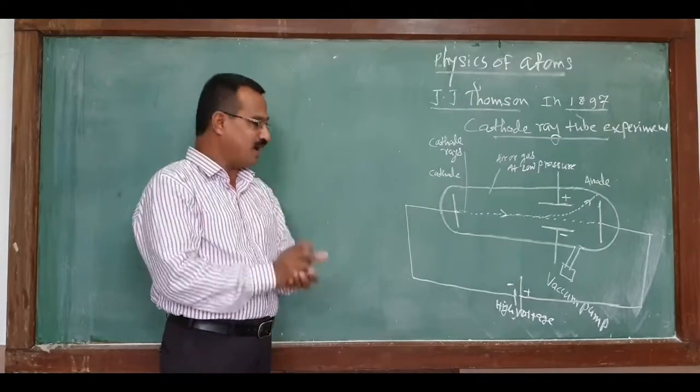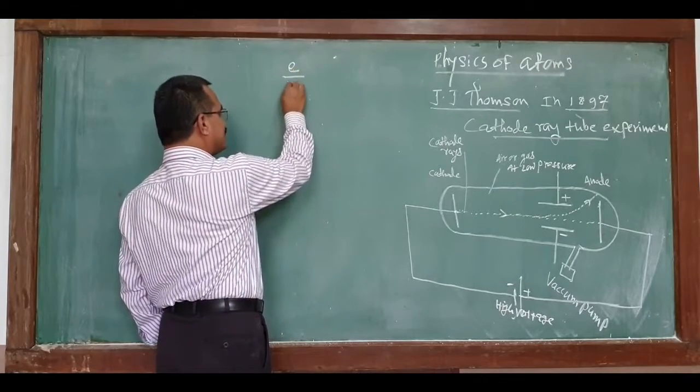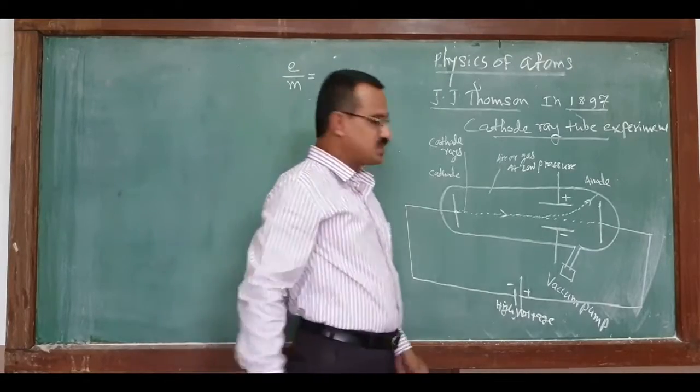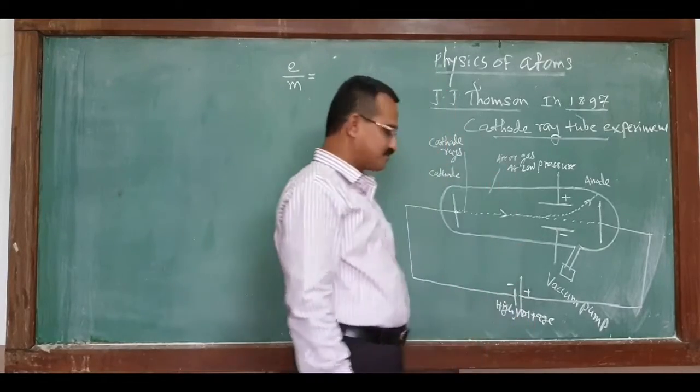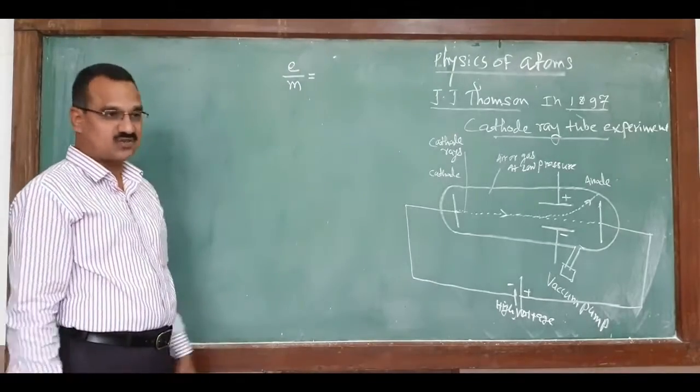In the second part, J.J. Thomson found out the charge to mass ratio of the cathode rays.